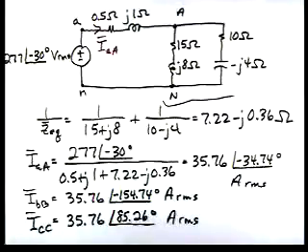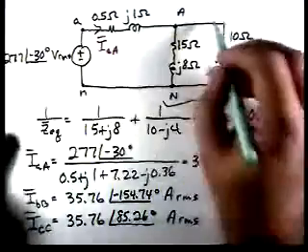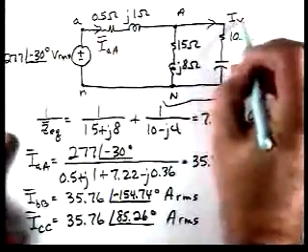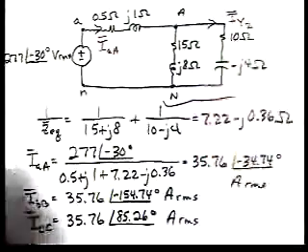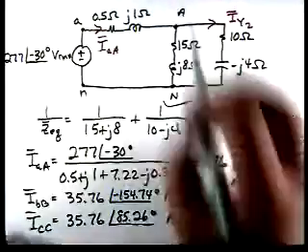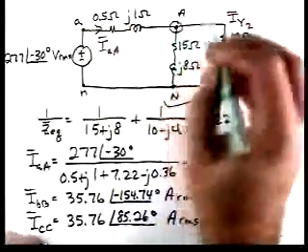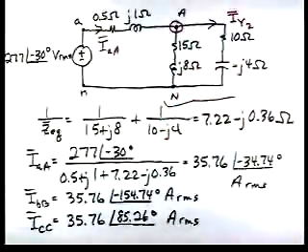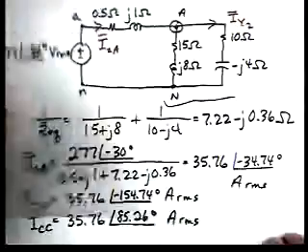Now we still need to calculate the power absorbed by the delta connected load. I'm going to define this current as IY2, and now we need to calculate IY2. We can do it with current division because we have the line current entering, and it divides between those two loads.